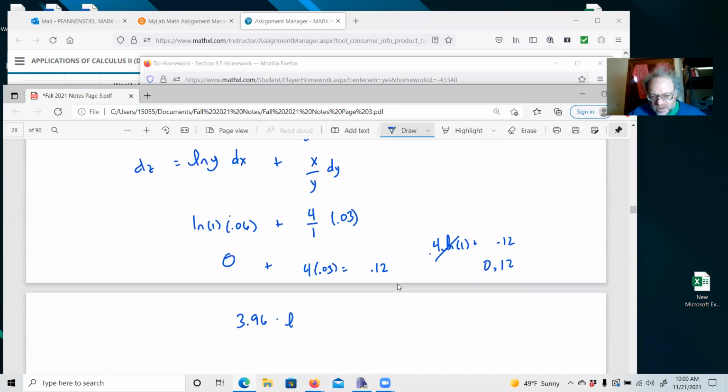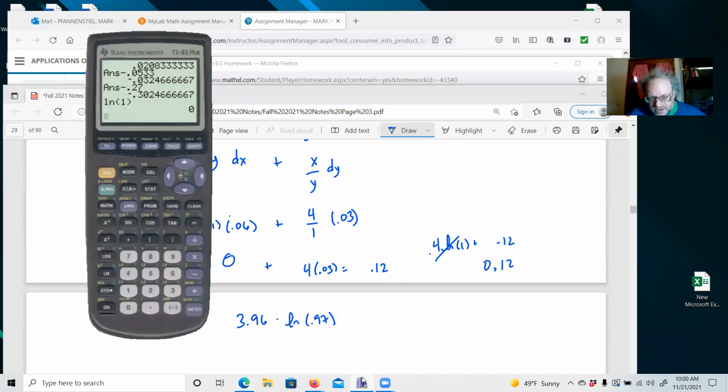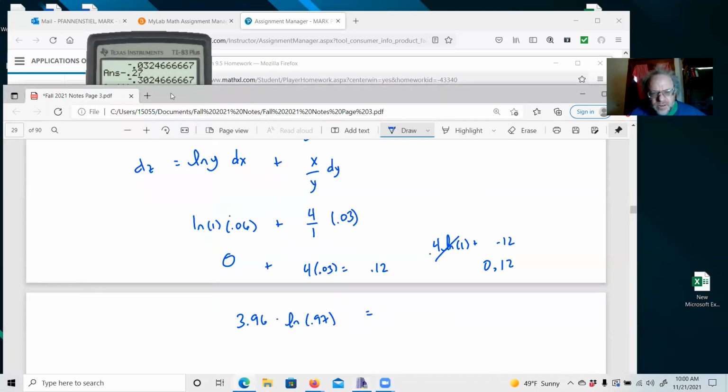This was 3.96 times natural log of 0.97. So let's have a look at that. 3.96 times natural log of 0.97. And what was our value?